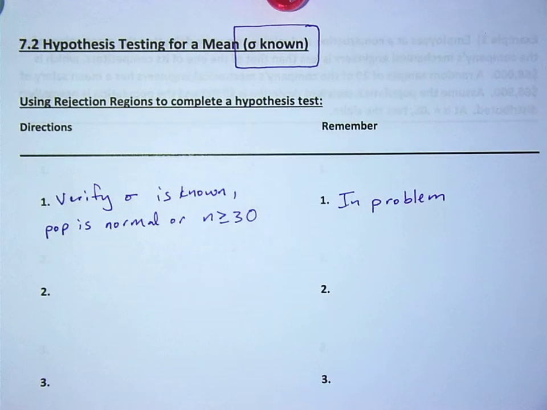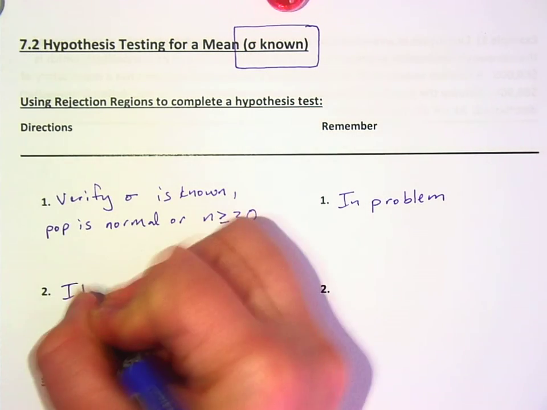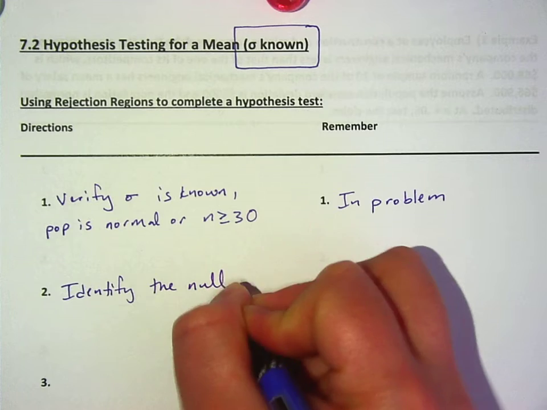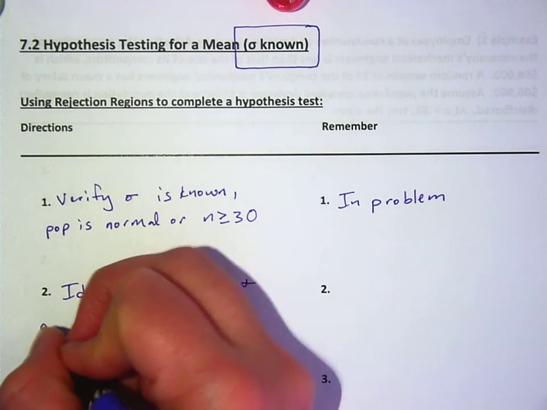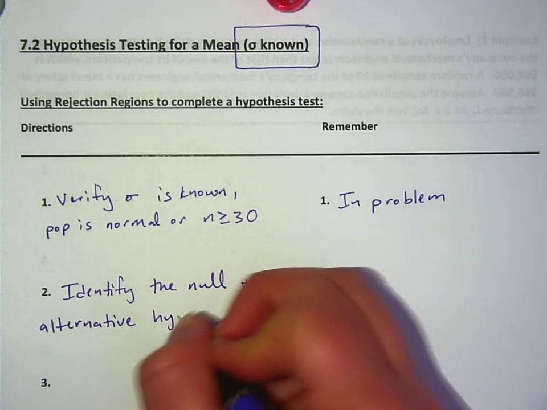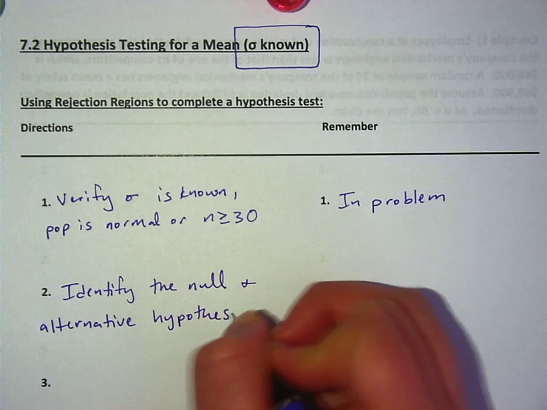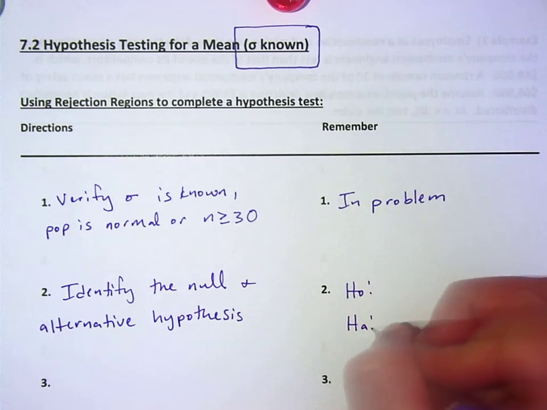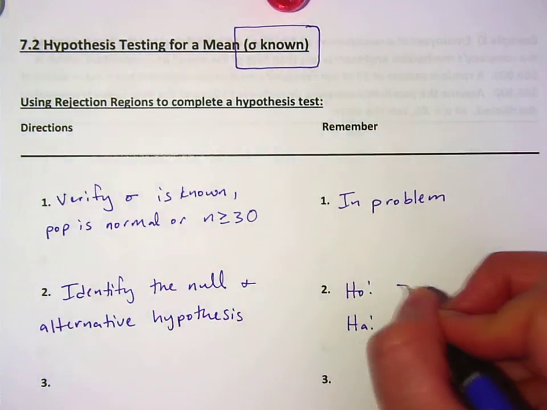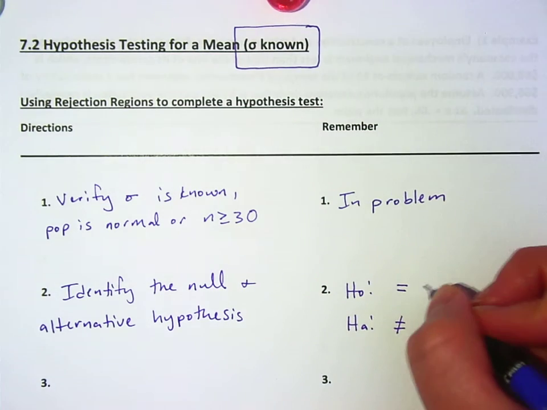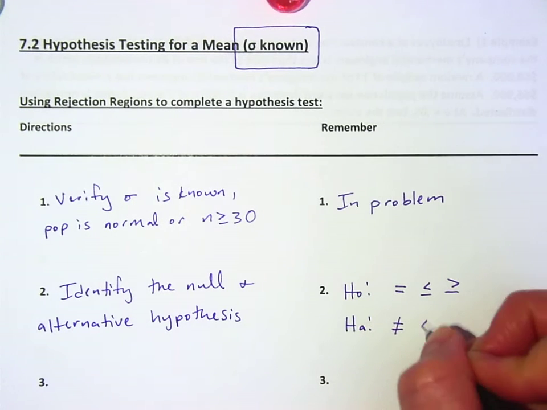All right. Next up, you are going to identify the null and alternative hypothesis. That's H sub O and H sub A. Remember that the one that has the equals to is an H sub O, and the not equals to is an H sub A, or it could be like less than or equal to, greater than or equal to here, less than, greater than there.